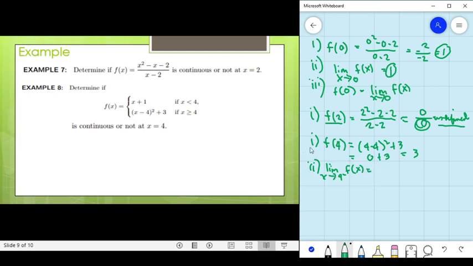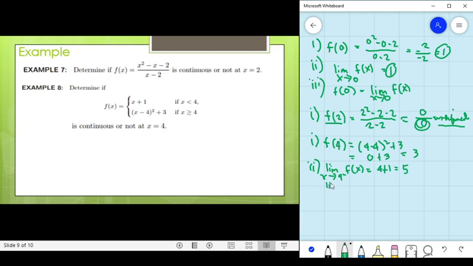So what is the value when x is from the left of 4? The value of the function f of x gets closer and closer to 4 plus 1. That would be equal to 5. So it gets closer and closer to 5.